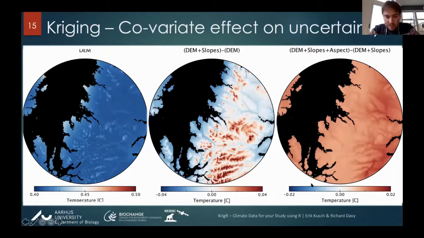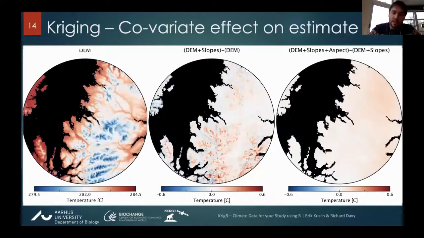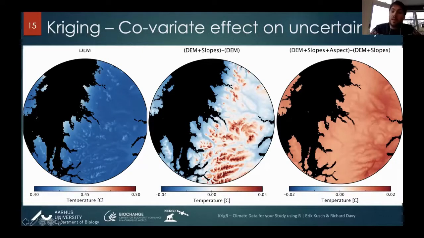But I would point out the scale here. The uncertainty across most of the domain is about 0.4. The added uncertainty from accounting for slopes is an order of magnitude less than that, so about 0.04. And the difference of adding the aspect is even less than that. So these additional covariates subtly change the estimate of your temperature, as you can see here, and they also subtly change the uncertainty as well.